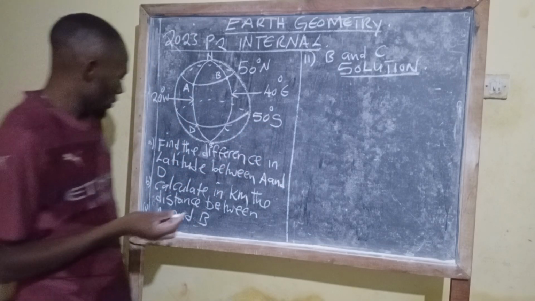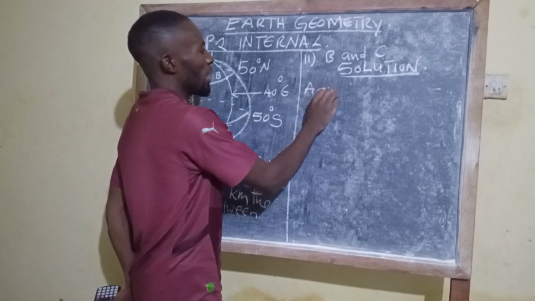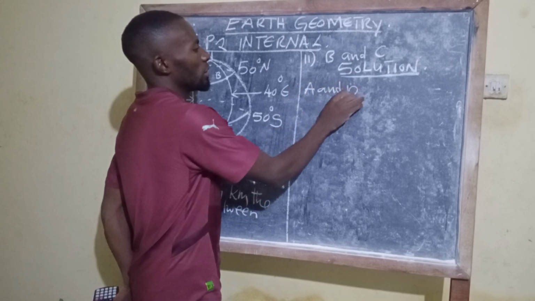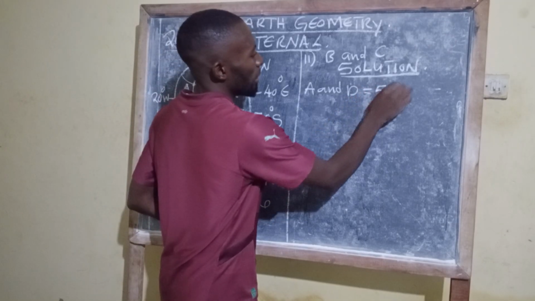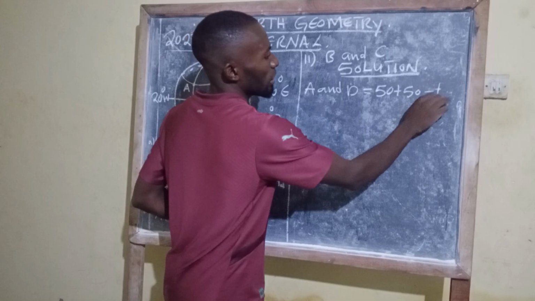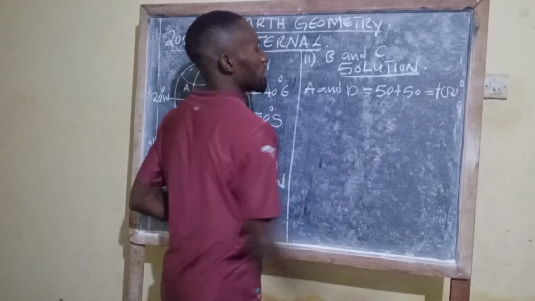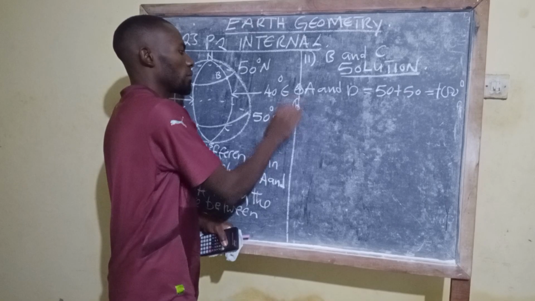We add. So the difference in latitudes between A and D is 50 plus 50, which gives us 100 degrees. That is our first one.